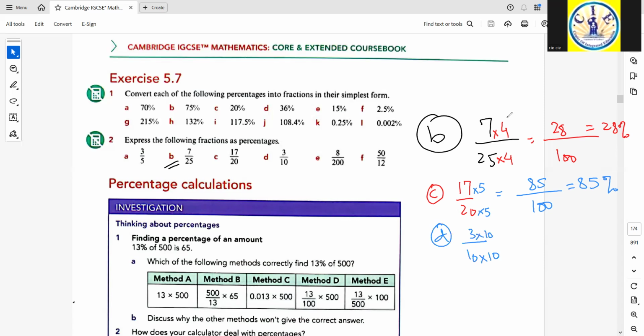Now you see, it is not necessary that all the time you need to multiply it with the same number, but you need to concentrate that you need to make the denominator 100. So to make the denominator 100, what's the number with which the denominator should be multiplied? So that's the main objective. So in the numerator now you are having 30, and in the denominator we are having 100. So that is actually 30%.